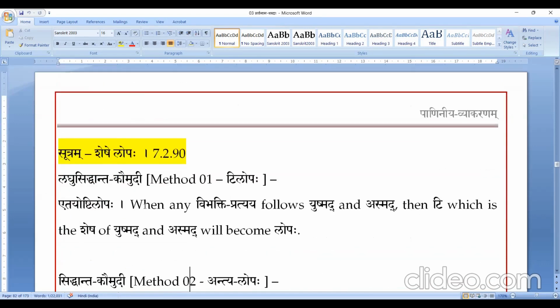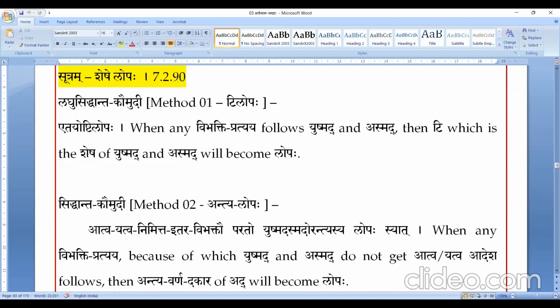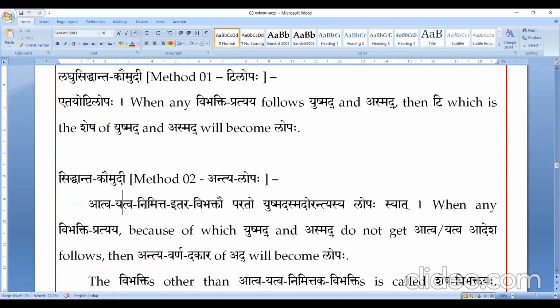The next sutra, Sheshe Lopaha, which we saw in the last class. One is the T Lopaha method, the other one is Antilopaha. There is a statement here: Atva yatta nimitta itara vibhakto parataha. You will see what is Atva and Yatva: Atva Adesha, Yatva Adesha.